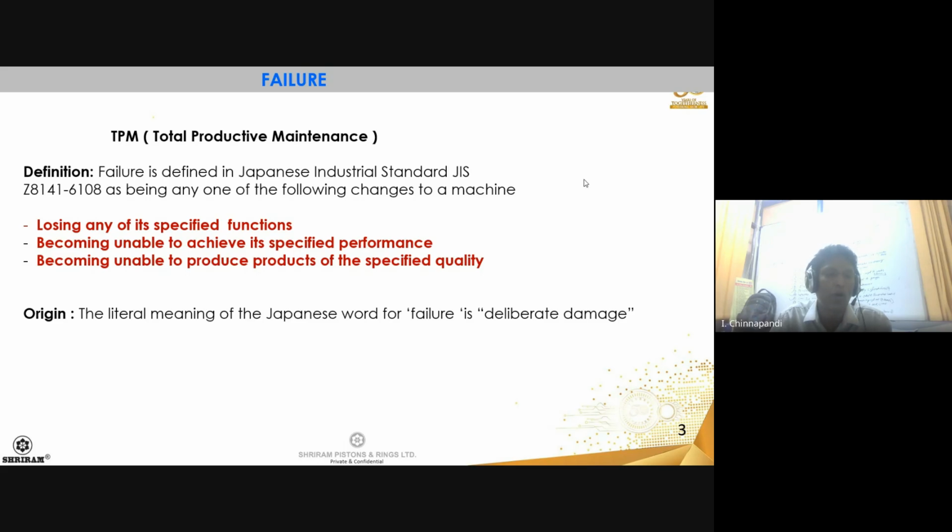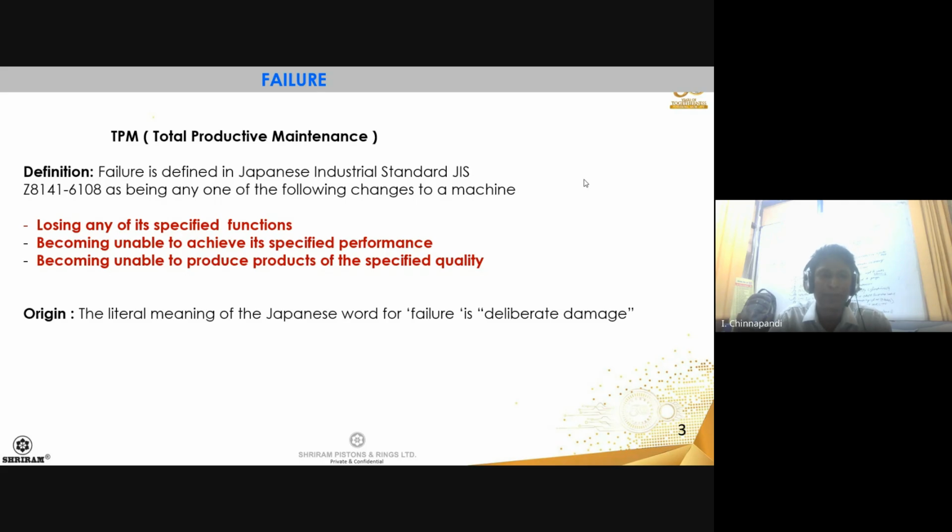So these are the three cases when we can say the equipment is under breakdown or failure. The origin: the literal meaning of the Japanese word for failure is deliberate damage. In Japanese thinking, any man-made item won't fail by itself. It means somewhere somebody missed some action that led to that failure. For example, if you have a car or two-wheeler, we have to do maintenance or servicing periodically.